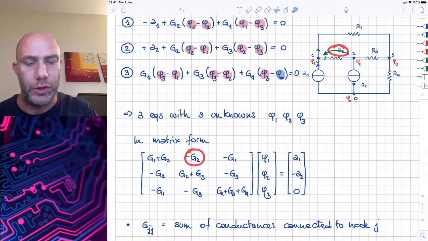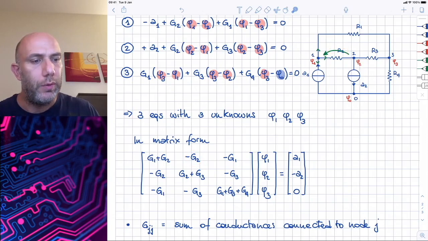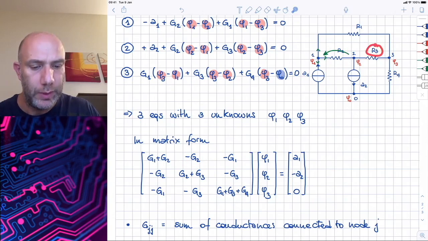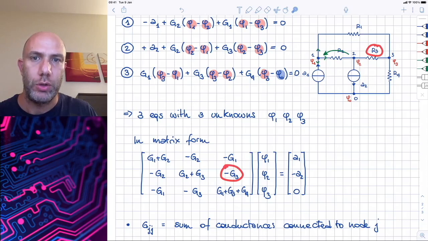So we have minus G2. For node 2 to node 3, we have R3 here. And so we have minus G3 in position 2, 3, and so on.